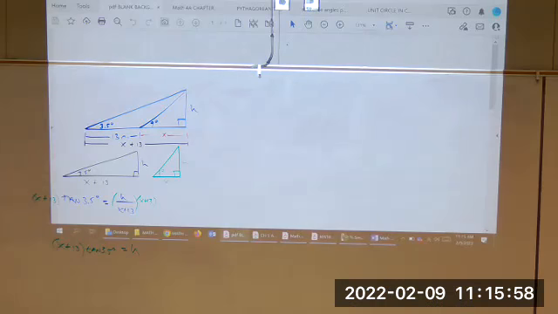I have two variables, h and x. When you have two variables, you're going to need two equations. When you have two unknowns, you're going to need two equations. Because what you're going to do is make some substitutions and get rid of one of the variables, so you only have one variable left.